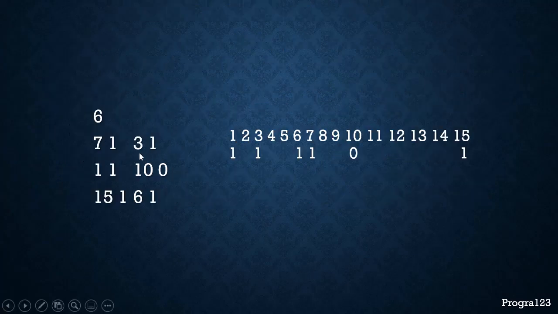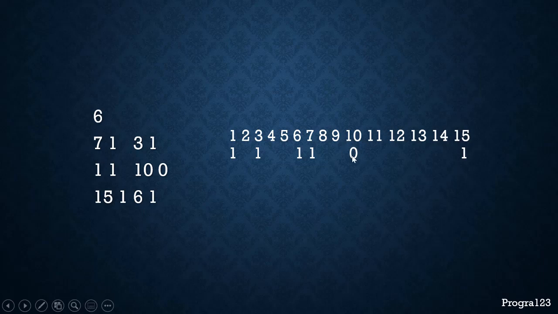As an example, we have these pairs: 7 1, 1 1, 15 1, 3 1, 10 0, and 6 1. So we have already put our Boolean values in these positions. Position 1, as you see, has a number 1. Position 3 as well has number 1. Only position 10 has a 0.